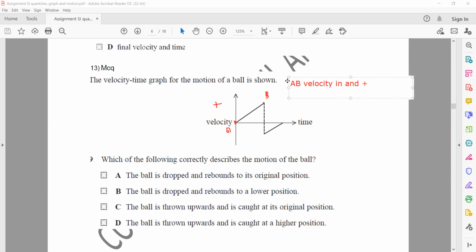And then from B to C, and then from C to D. When we check from C to D, this time interval is so short that it is neglected. From C to D, the velocity is decreasing, and it is negative.